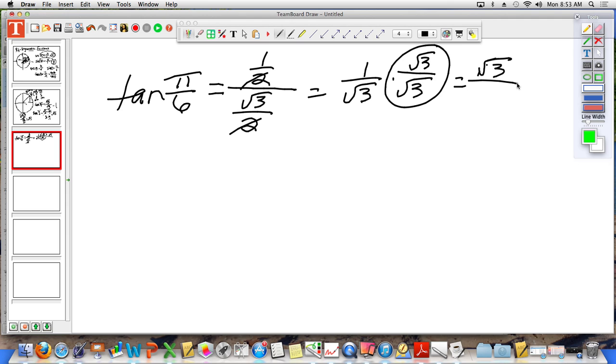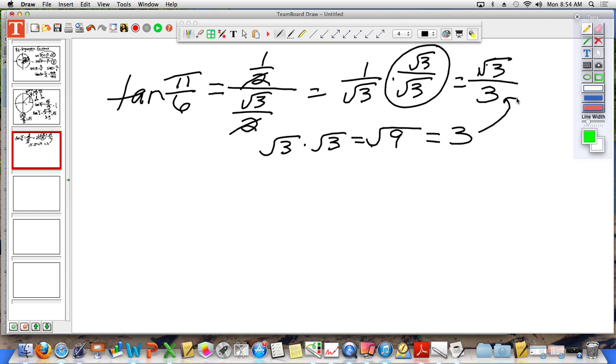So you have the square root of 3 over 3. I'm going to show you the math here. The square root of 3 times the square root of 3 is the same thing as the square root of 9, which is 3. That's where this 3 right here came from.